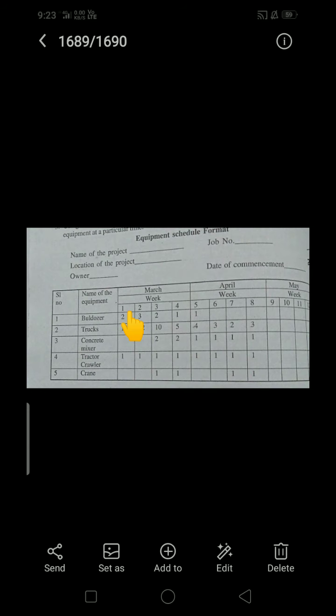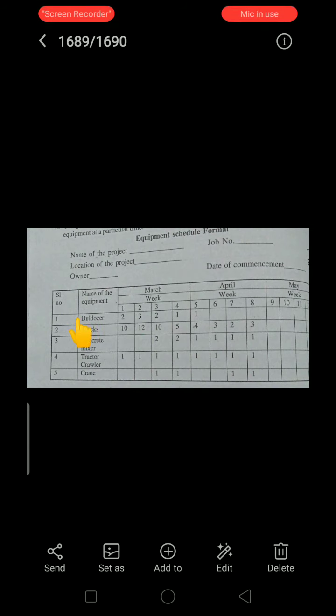Apart from this, for mixing concrete in huge quantity, we are going to use a concrete mixer. So manual work is eliminated in mega projects. For a mega project we use equipment instead of manpower. Manpower is there, but only for a limited period. So it is also very important to know the equipment.